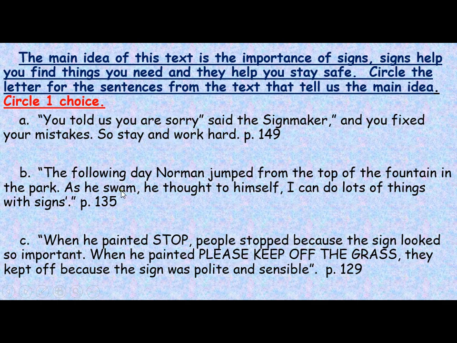Or B, when Norman jumped off the fountain and swam and wanted to do more tricks and funny things? Or is it C, when people followed the Signmaker's signs as they were polite and sensible? I bet you guessed it, C, because it tells us how people followed the directions of the Signmaker's signs. Thank you for answering.